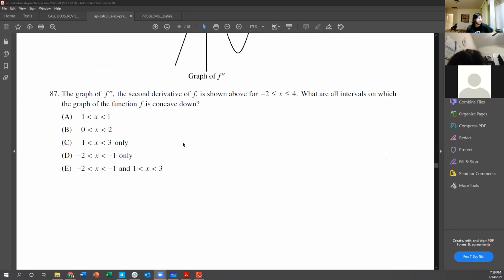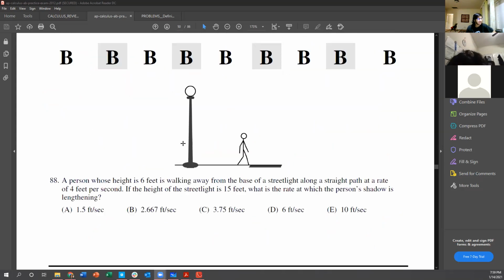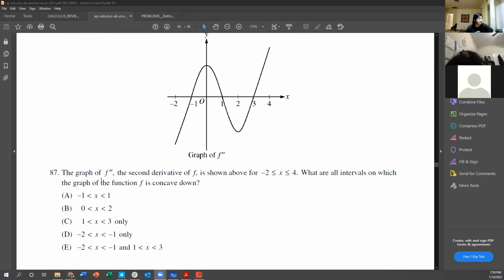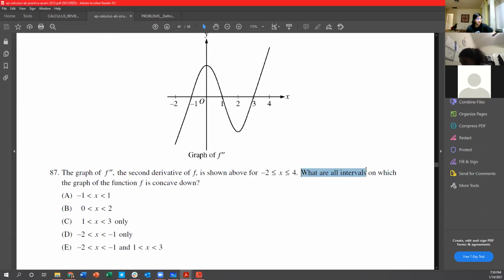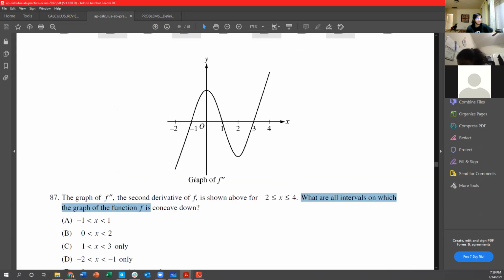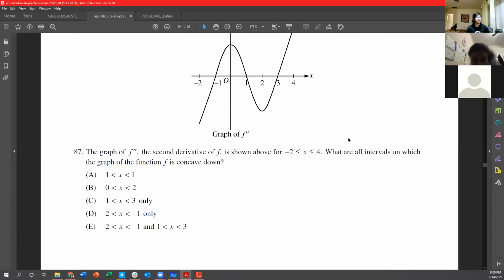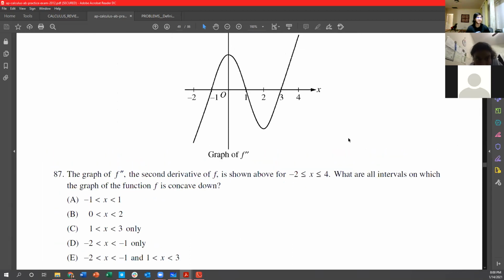Okay. Number 88, that was just 87, right? Yeah. The graph of f double prime is shown. What are all intervals on which the graph of f is concave down? Okay, when is f concave down in terms of the second derivative? When f double prime is negative, exactly.